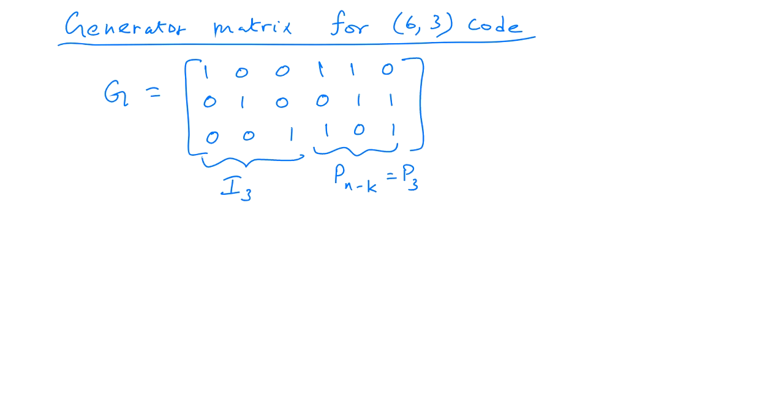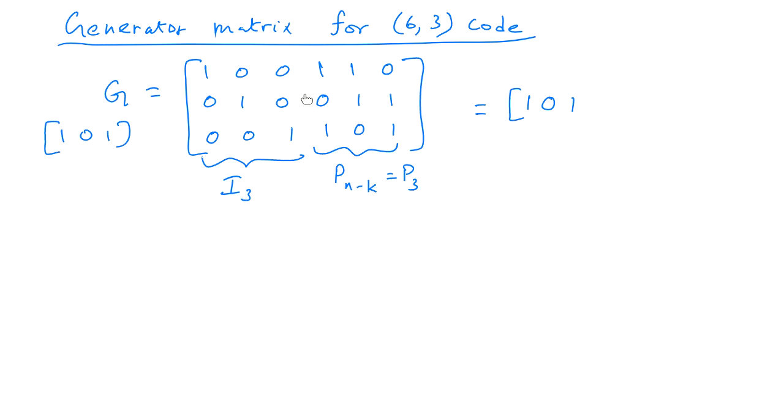So let's say we have a message 101, and we multiply this with this generator matrix. What do we get? The first 3 bits will be the same because it is systematic. We have an identity matrix in front, so the first 3 bits will be the same, 101, and then you will multiply these elements bit by bit with each of the columns of the P matrix.